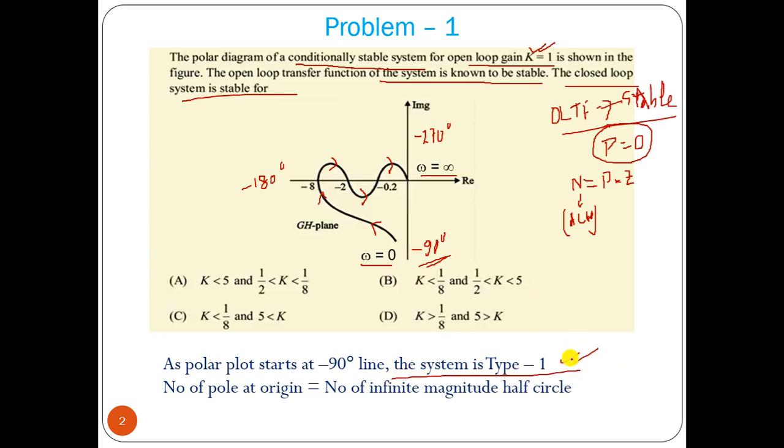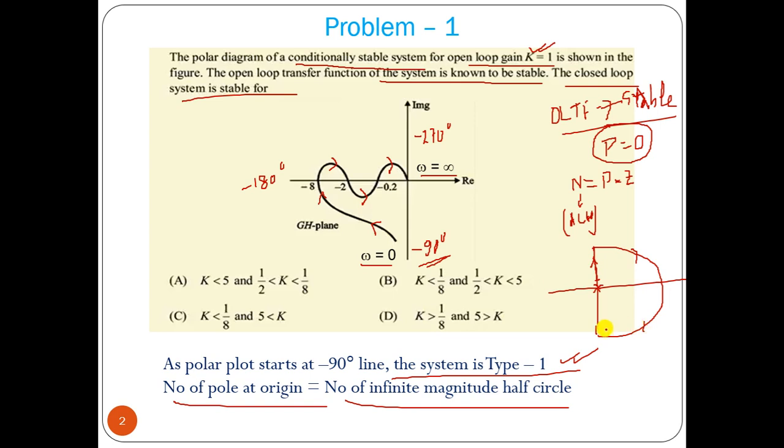If this is type 1, then we know the concept: the number of poles at origin equals the number of infinite magnitude half circles. The Nyquist contour is like this. Then we have a pole at origin. So from this point, 0 to infinity, C1 section, C2 section, then C3, and we must have this C4 section.